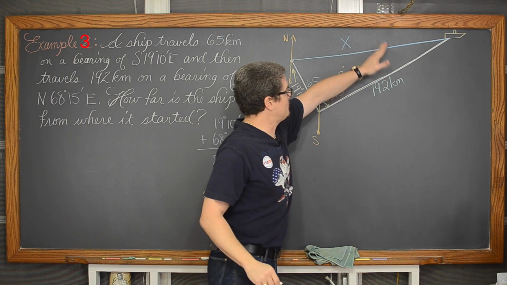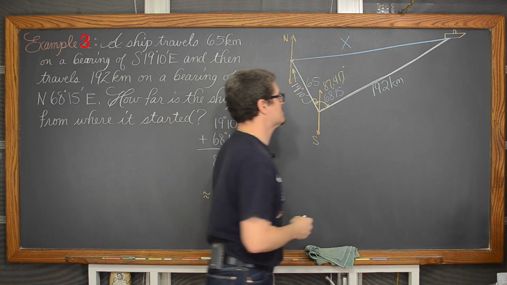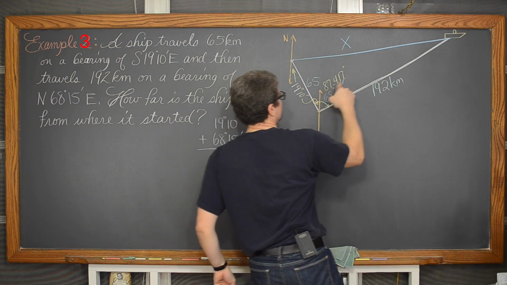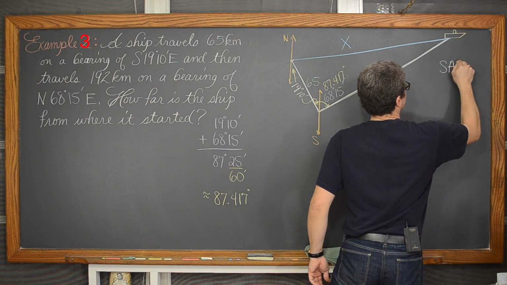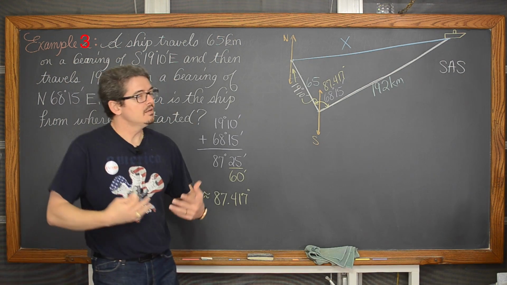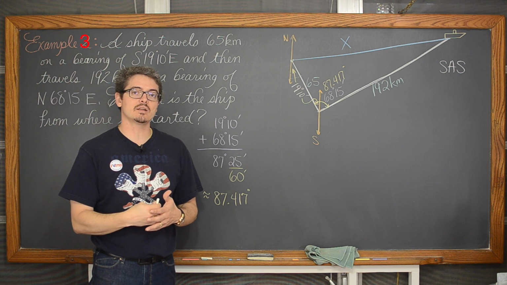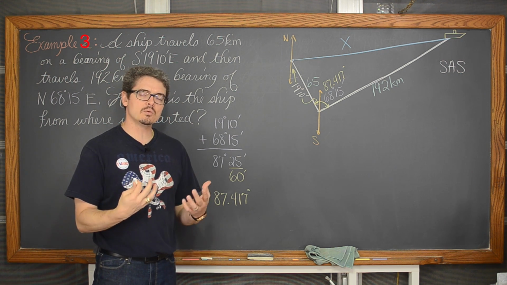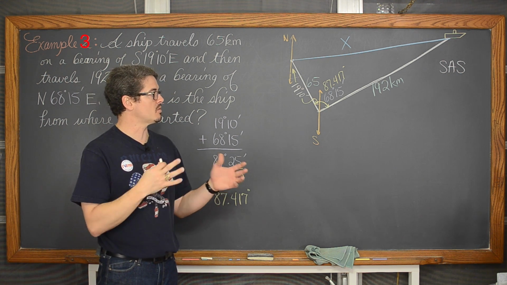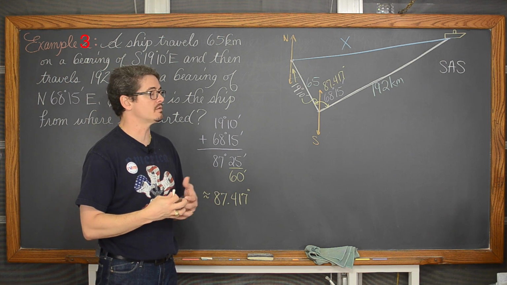And as we walk around this triangle and sort out the information given, it's in a side angle side pattern. Side angle side, hopefully you reviewed this when studying your law of sine and law of cosine, is a congruency theorem from geometry. And so there is only one possible triangle we can make with this information.